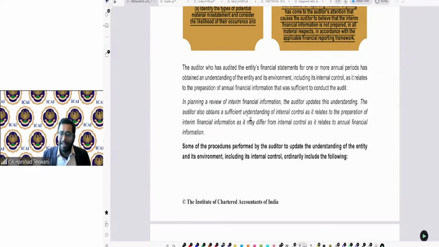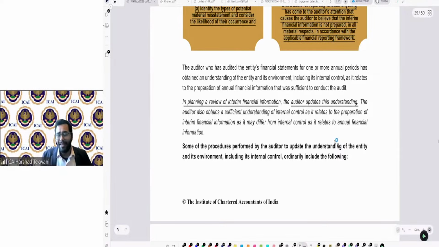I might already have obtained the understanding of the entity and its environment during the last annual audit. Now, in planning a review of interim financial information, I just need to update that understanding.